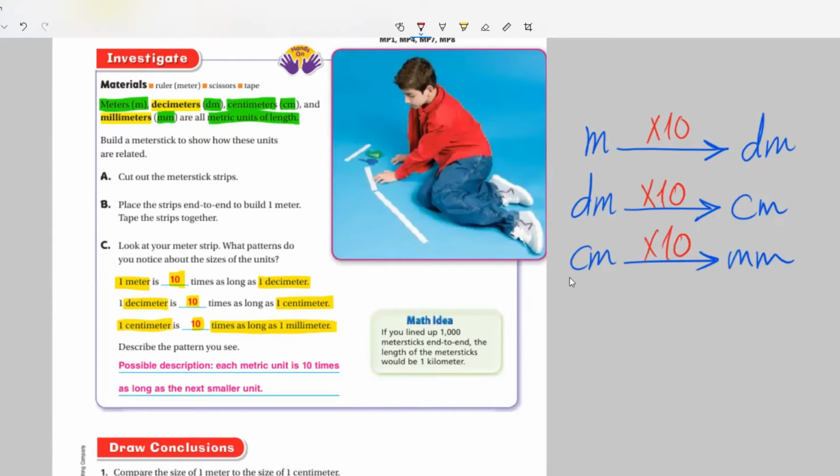Write this, and then I will give you an easy way to memorize it.